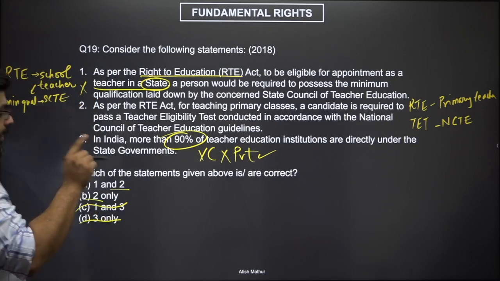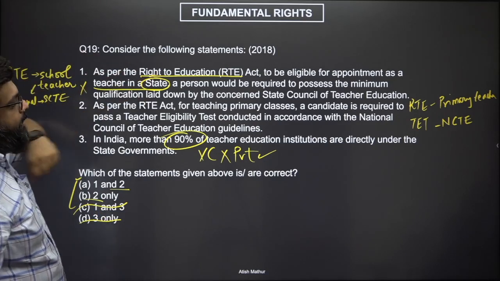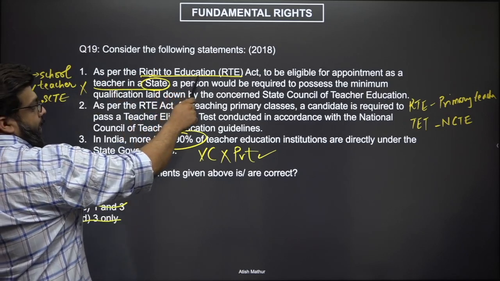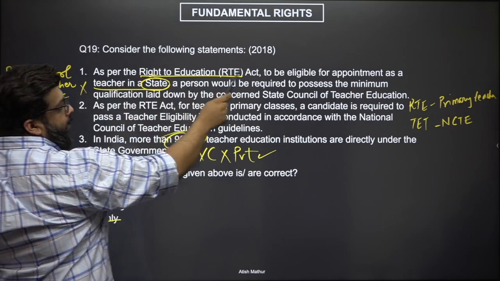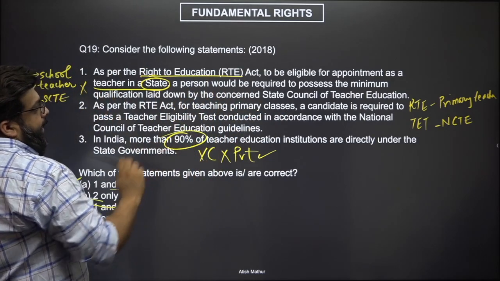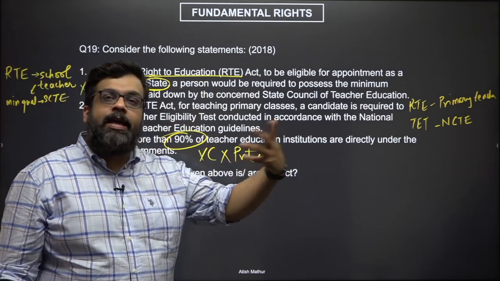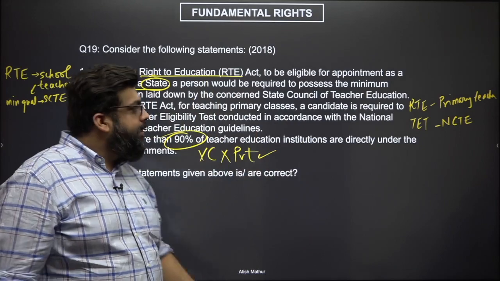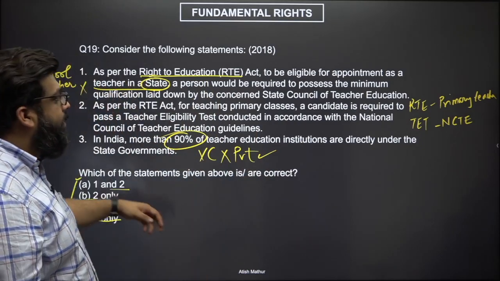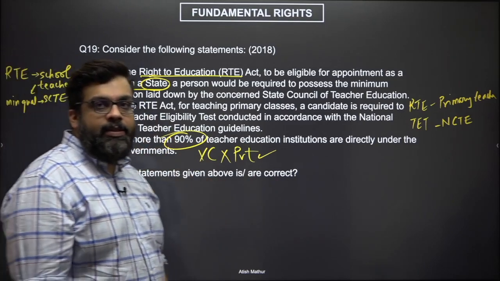Let me tell you why this is contradictory. Because RTE is a national law. If it is a centrally made law, then how would you ask it to conform to a state regulator's guidelines? And second, this would also mean recruitment of teachers in government schools. Since when do government school recruitments or government job recruitments only work on minimum qualifications?